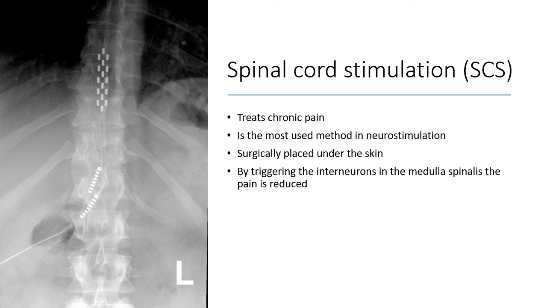This is actually the most used method in neurostimulation, and it's quite invasive. As you can see in the picture, there is an electrode which is surgically placed under the skin, and then by triggering the interneurons that we have seen in the picture before, in the medulla spinalis, the pain is reduced. So where's the difference to TENS?